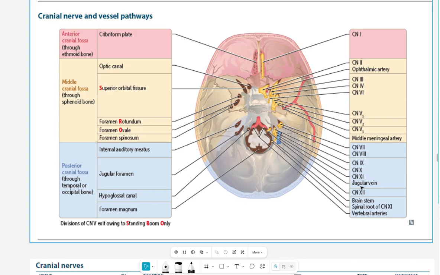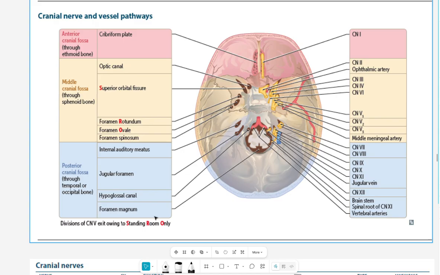Then we have the jugular foramen, where 9, 10, and 11 all come off from. 11, I told you, takes roots from the spinal cord C1 to C5 from below, and they ascend up, enter the foramen magnum, and form the spinal accessory nerve, which exits again from the jugular foramen.